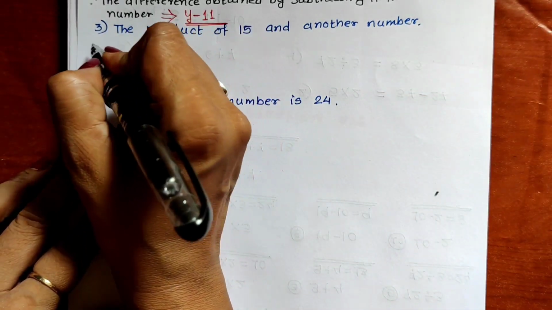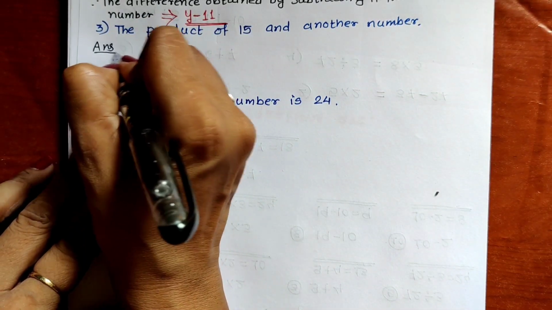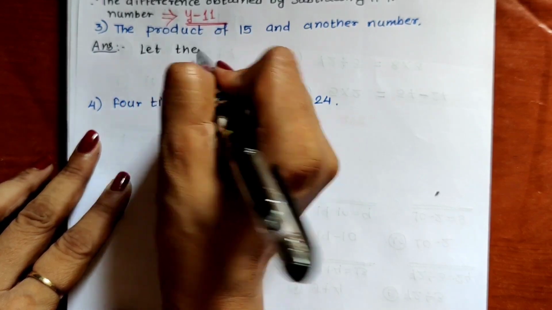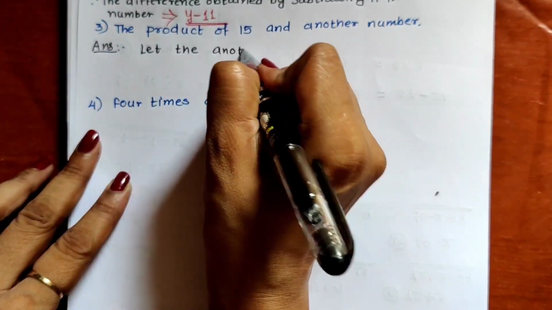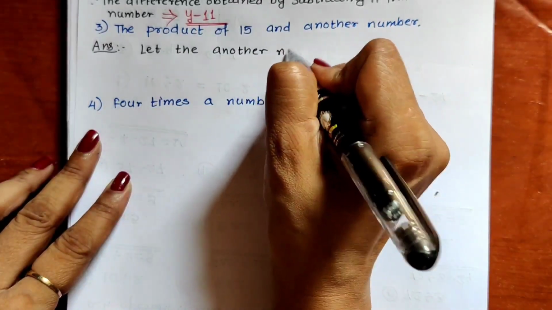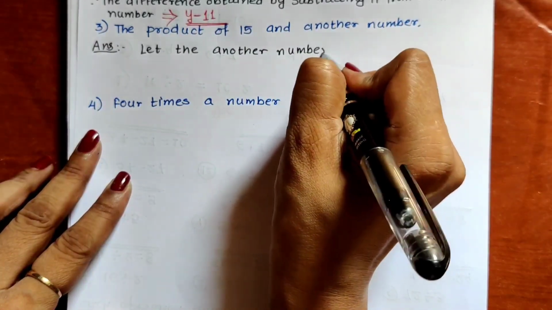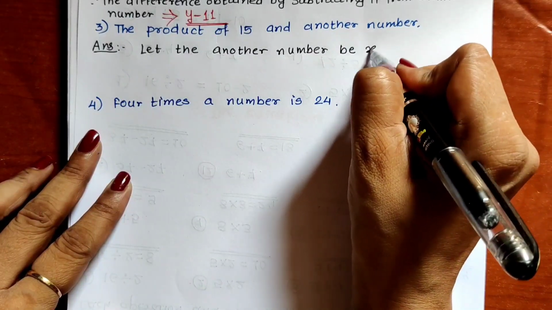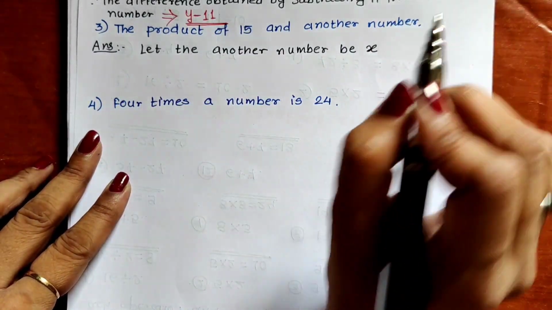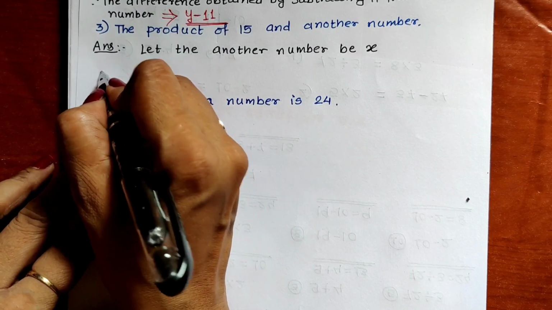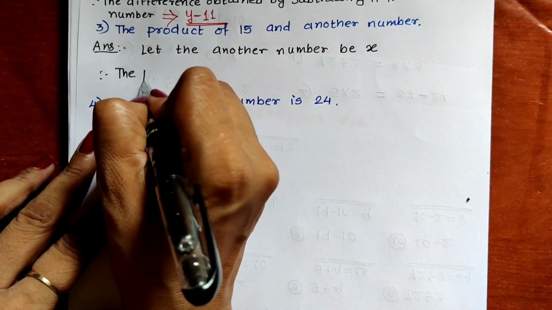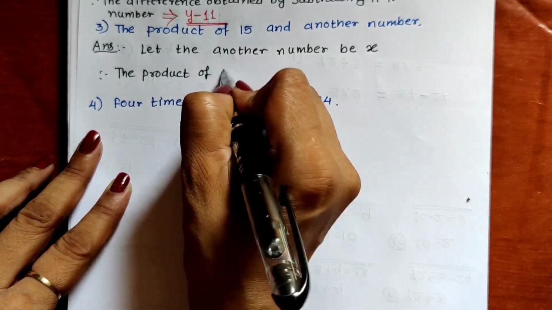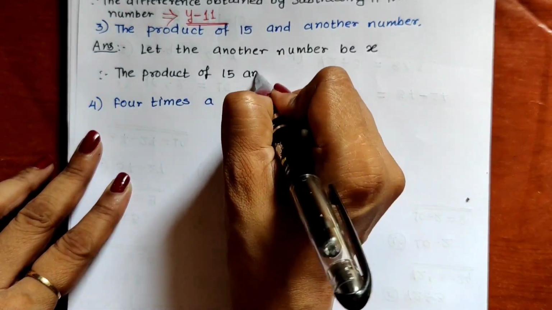So let us suppose, or let us write, let the another number be x, y, z, anything you can write. I am writing x. So therefore the product of 15 and another number.